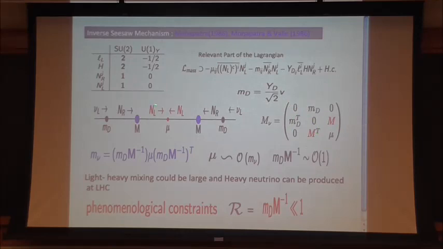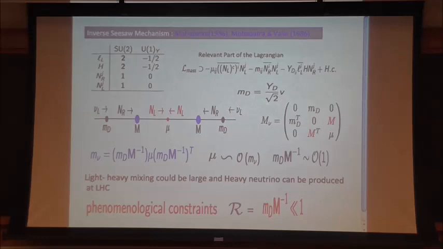If we consider that our mixing is of the order 1, then the neutrino mass is proportional to the lepton number violating parameter. So if the lepton number violating parameter is very small, we can fix our mixing angle of the order of 1.